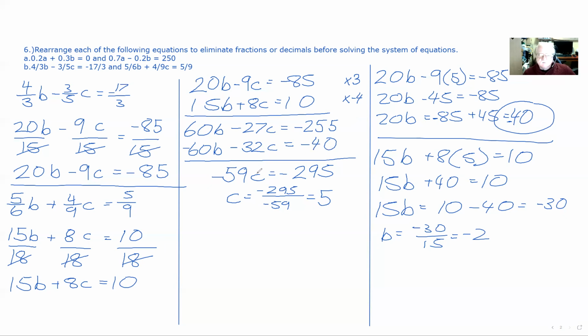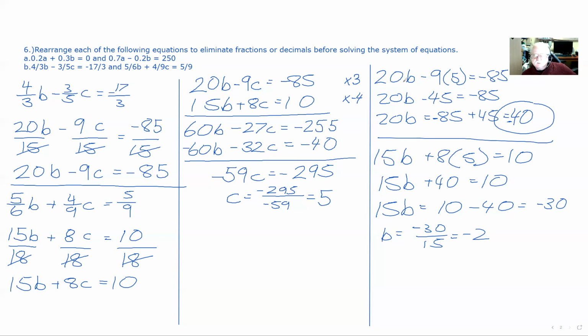And then negative 27, negative 32, negative 59, negative 255, negative 40, negative 295. Okay, so what happened here?